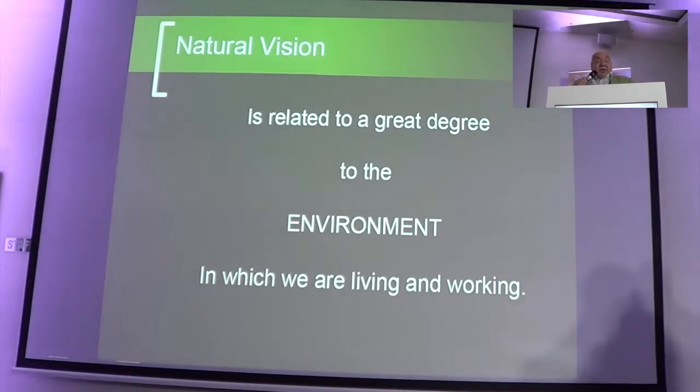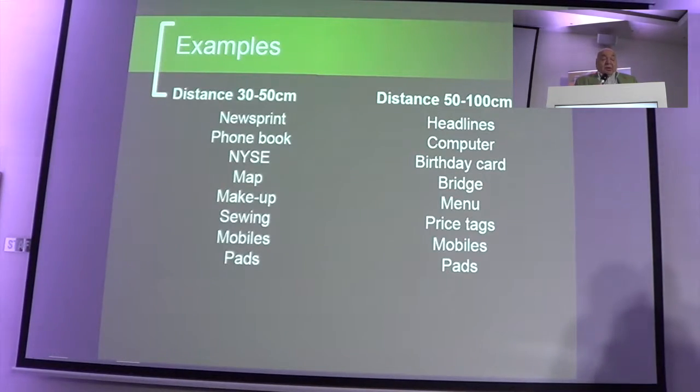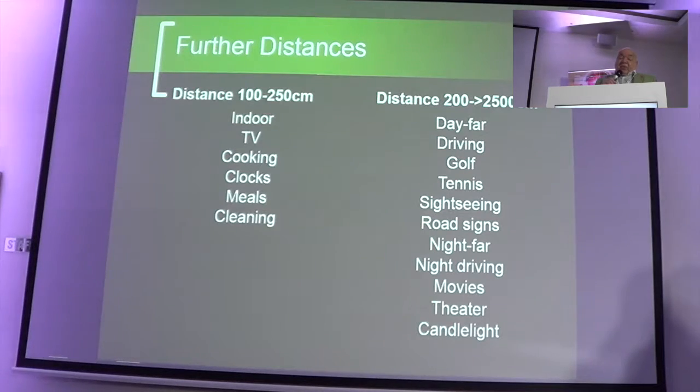Natural vision is related to a great degree to the environment in which we are living and working. There are plenty of examples of this at different distances. I've listed some of them here, you can read them through. But if you look at the modern person today, everybody's using the phone.